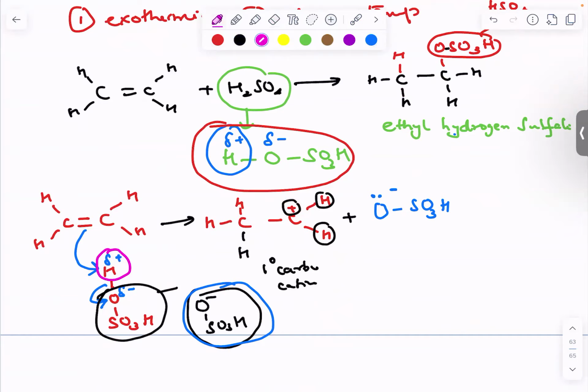I am going to start it from the lone pair, and then it is going to attack on this carbocation. Sorry, not electrophilic, carbocation.